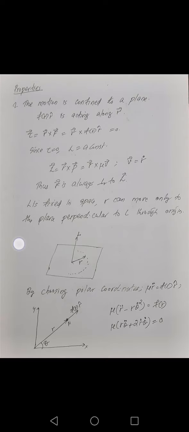The cross product of r cross F of r r cap is 0. That's a very important point. So that's one property. One is that the motion is in a plane, and this will give you that the angular momentum is constant. It is in a plane, and r cross F of r r cap is equal to 0. These are the very important points.